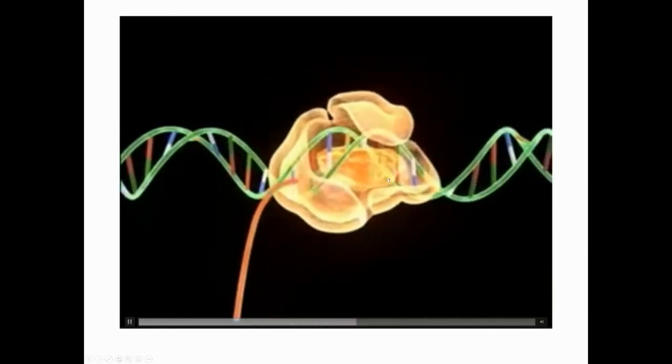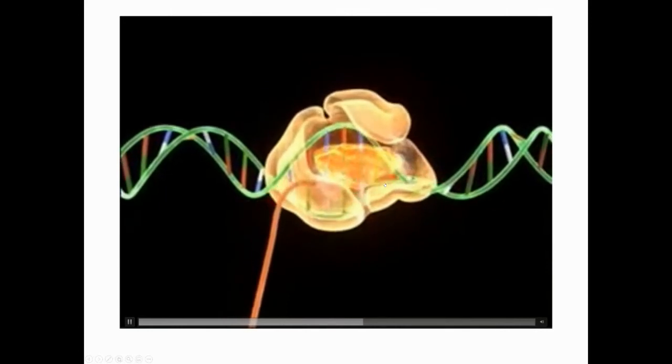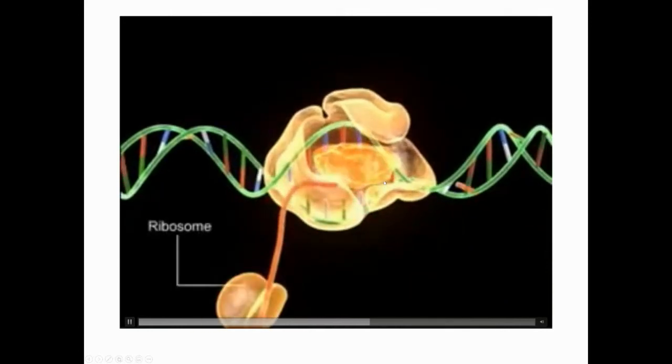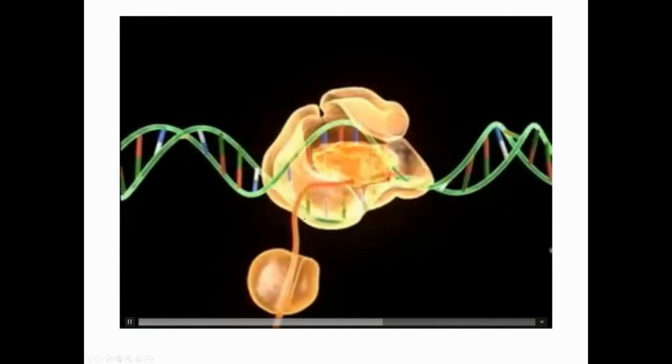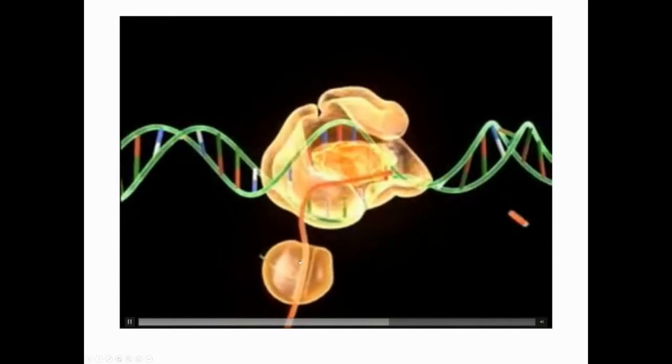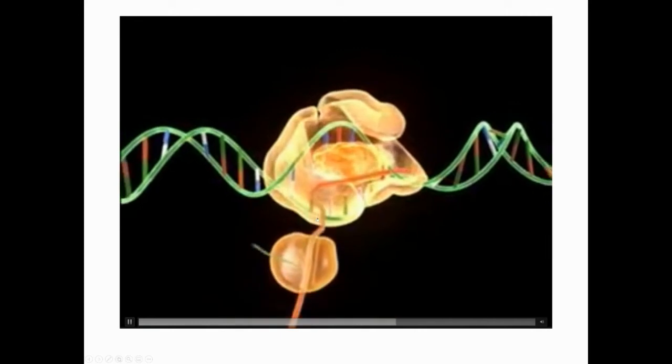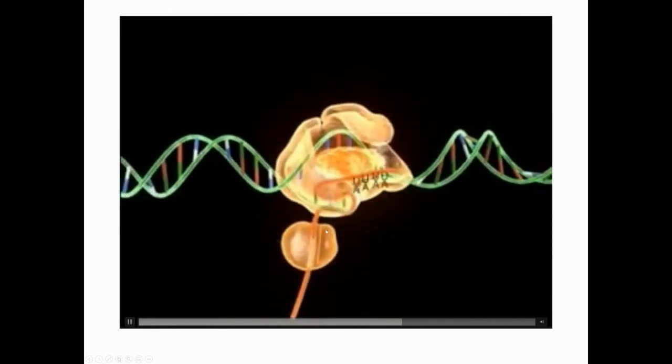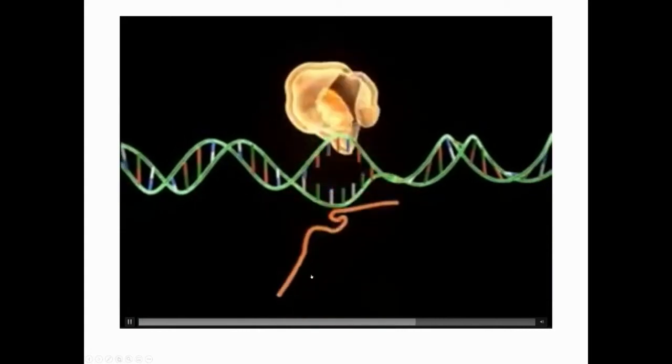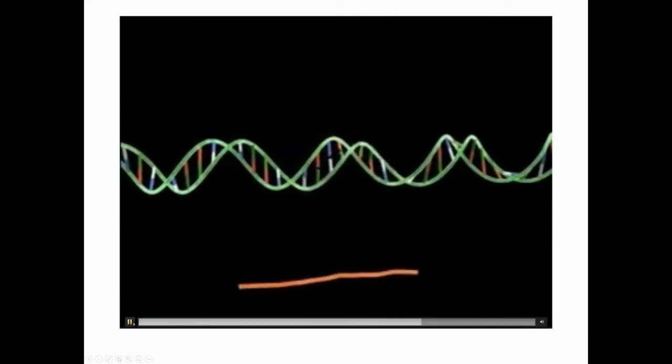Okay, and then elongation. And then as soon as you have the messenger RNA, the ribosome comes, and they synthesize the protein right away. Okay. So that's the prokaryotic transcription.